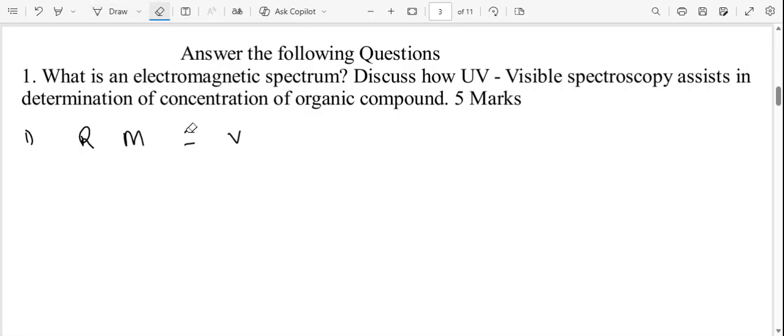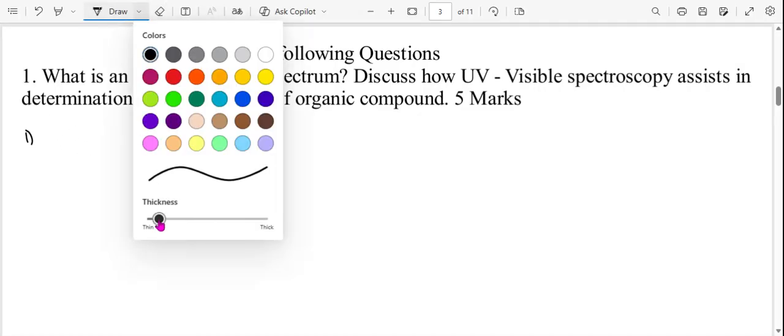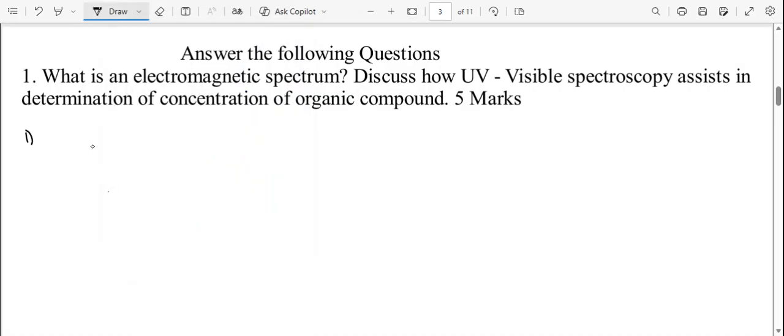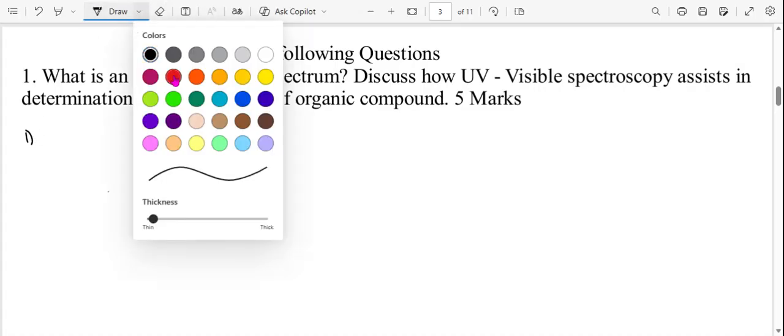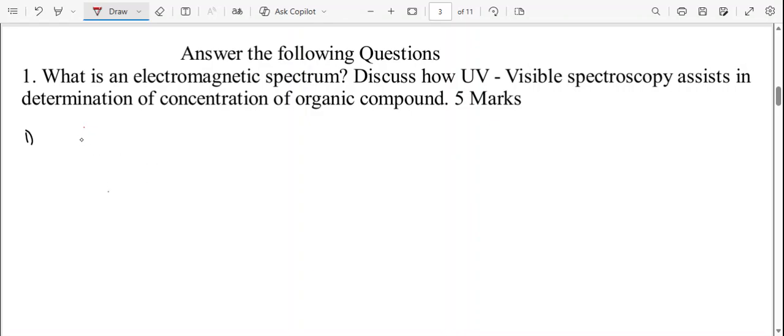My interest is not to write all this, but just to explain. So it is just the range.